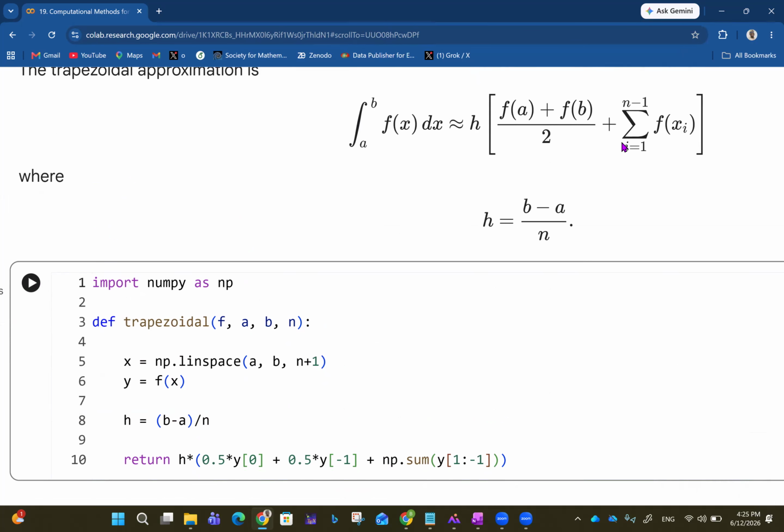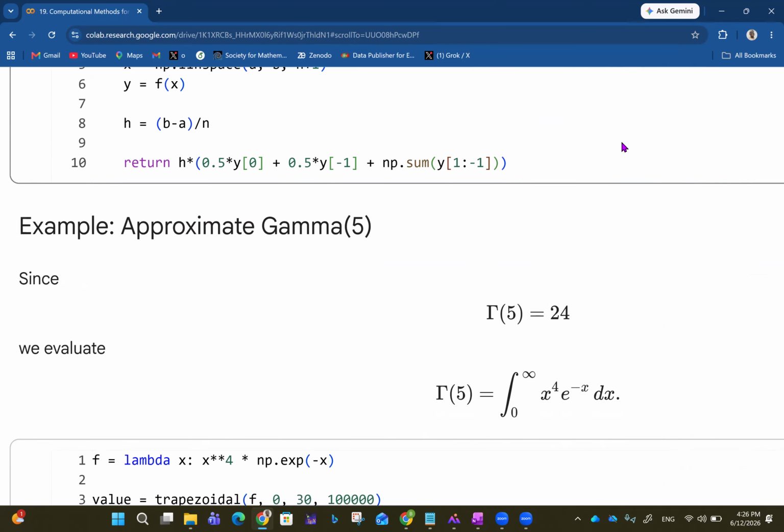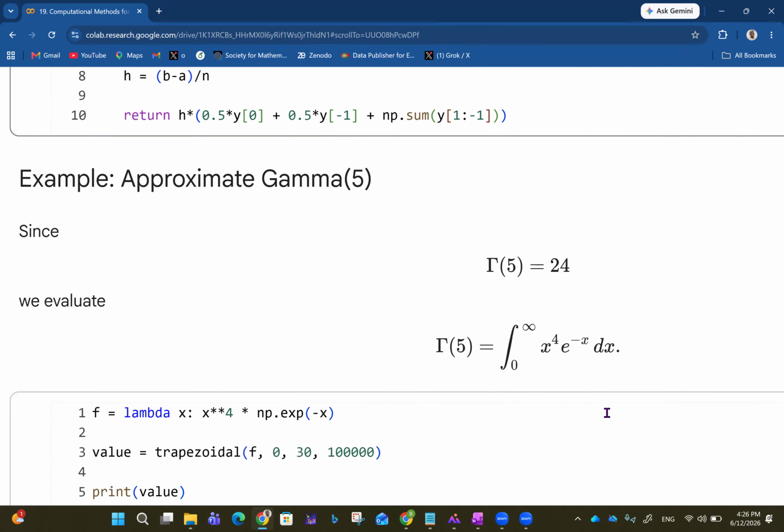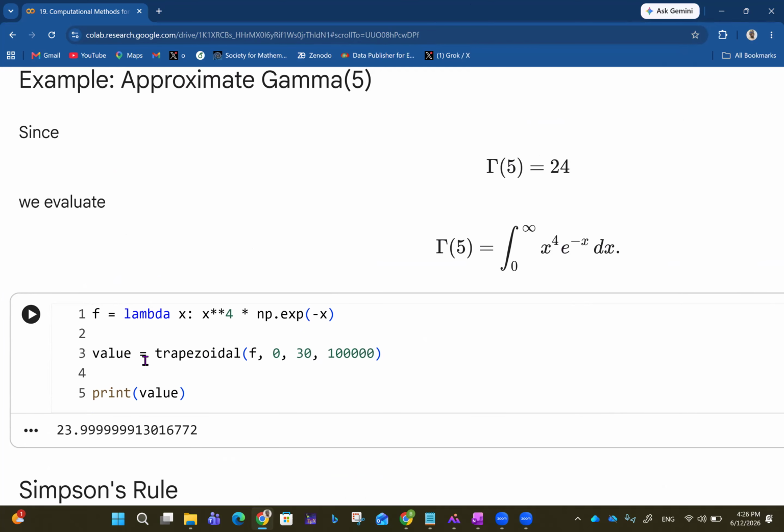So in this case, if you want to approximate gamma 5, we know gamma 5 is 24 normally, but if you evaluate gamma 5 as the integral from 0 to infinity of x raised to 4 e raised to minus x dx, this is the approximate result.